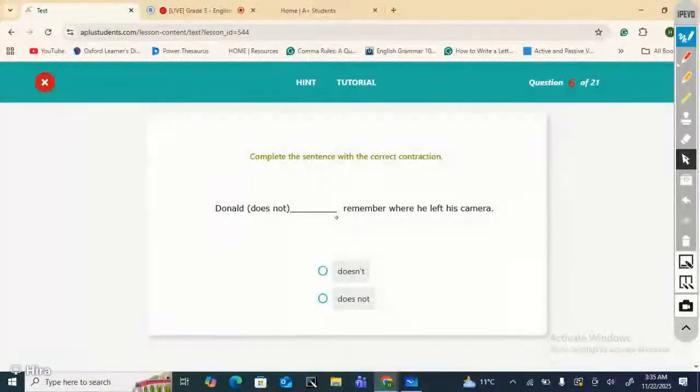Donald does not remember where he left his camera. The two words are does not. What is the correct contraction?